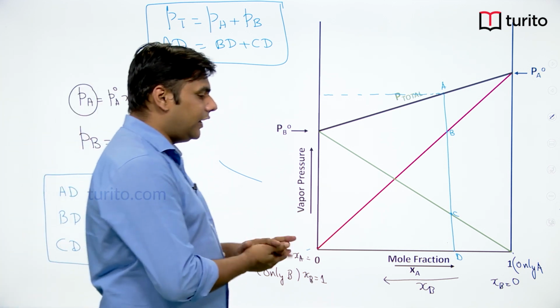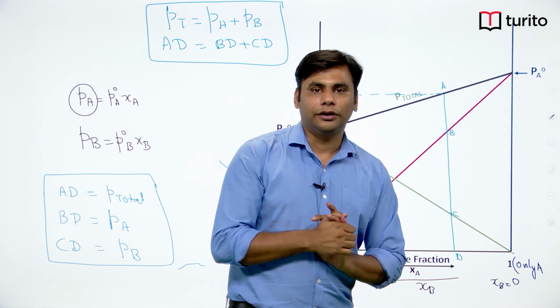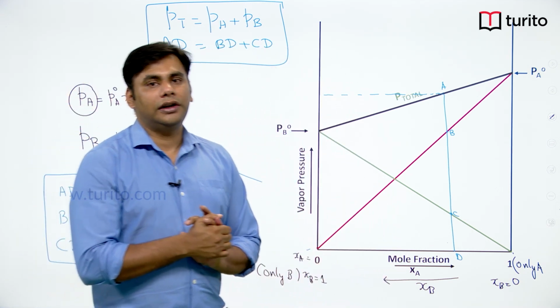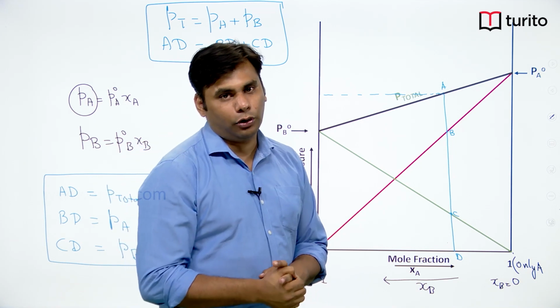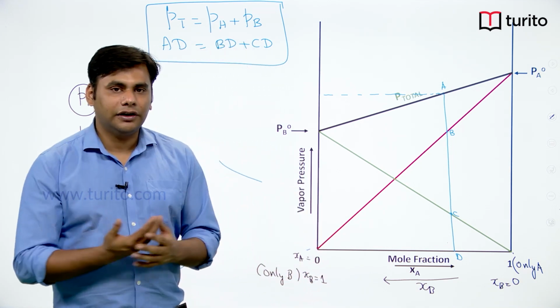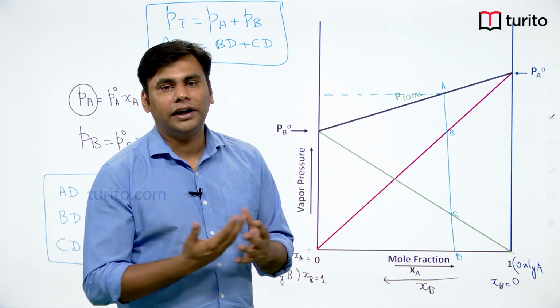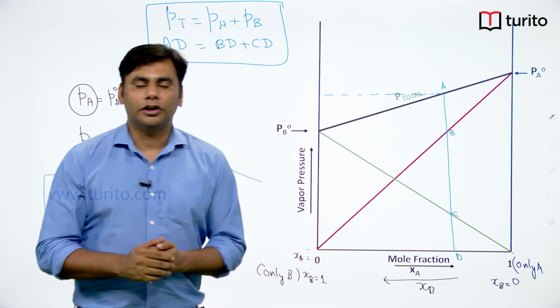So what we have done till now is we have just introduced the concept of vapor pressure. Vapor pressure is a very important concept because it is going to be used in colligative properties as well. The second thing which we did today was what is Raoult's law and how do we calculate the vapor pressure over the solution.